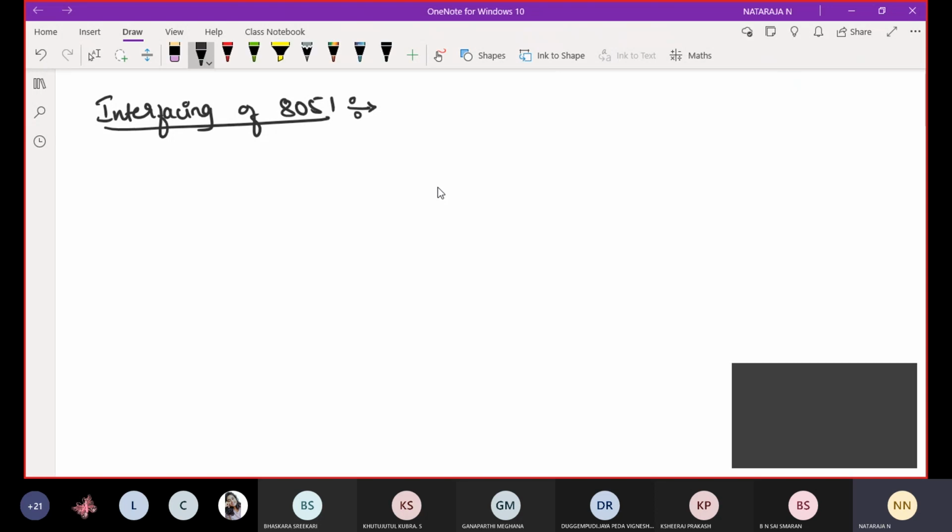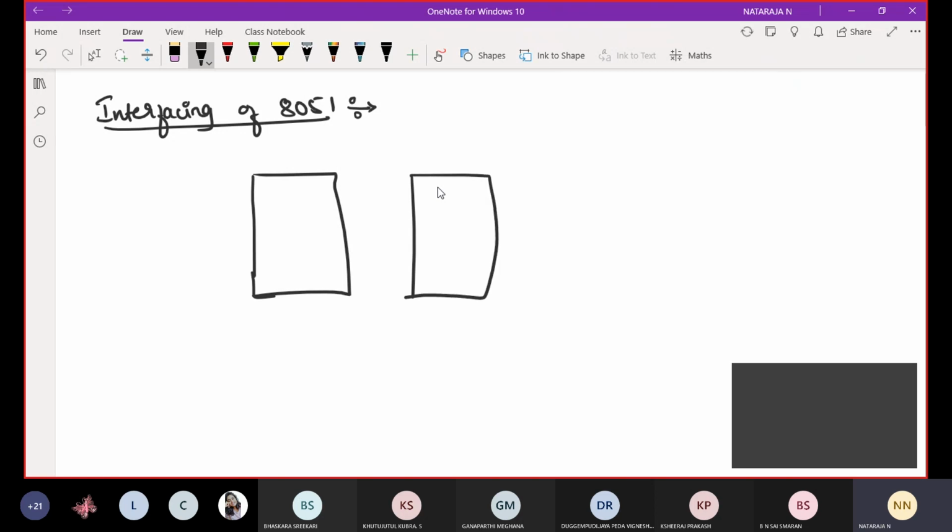Interfacing means we are going to connect an external device to your 8051. This is your 8051 microcontroller and this is your external device. For example, this will be your sensor. I'm going to take a sensor as an example. What type of sensor is it? Why do we need to interface these two?